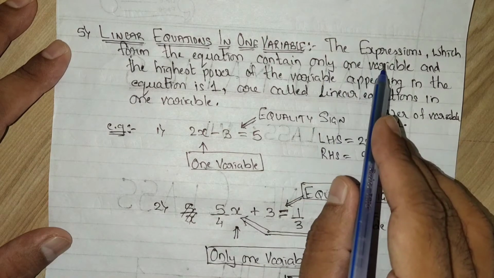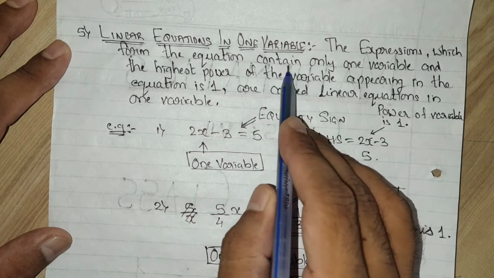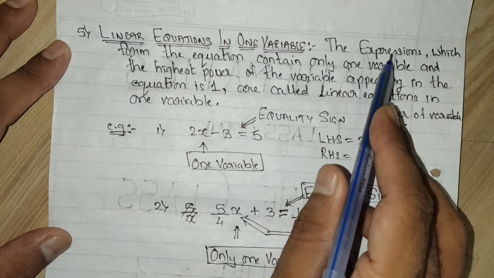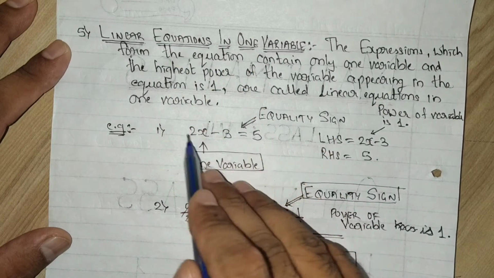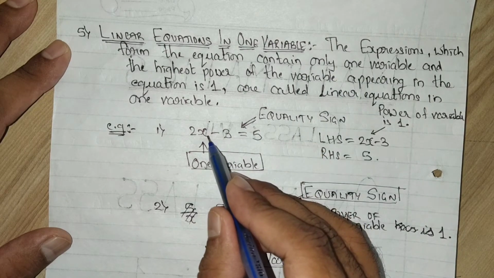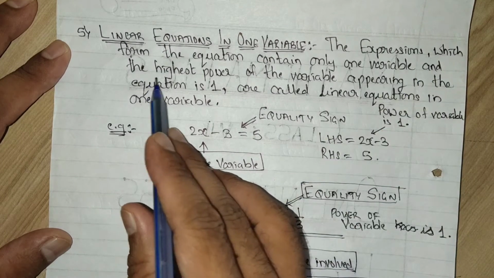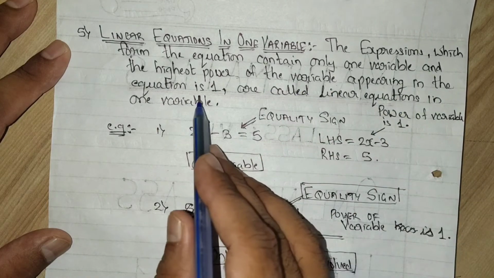The expressions which form the equation contain only one variable. You can see there it is only one variable x, no other variable, and the highest power of the variable appearing in the equation is 1.